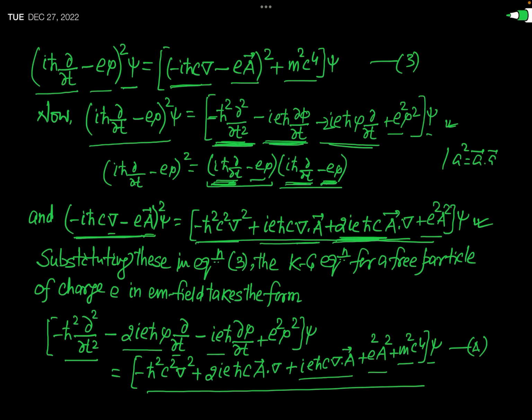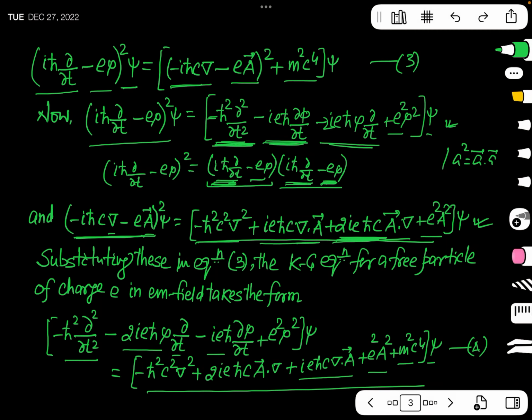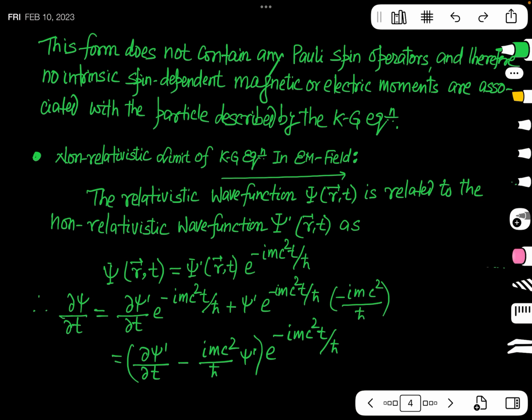That will actually be 0. So this equation gives a very important piece of information: it is independent of the spin of the particle, and that's why we say this Klein-Gordon equation is applicable for a particle having 0 spin, no spin.